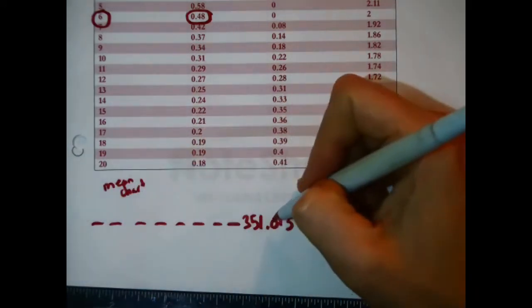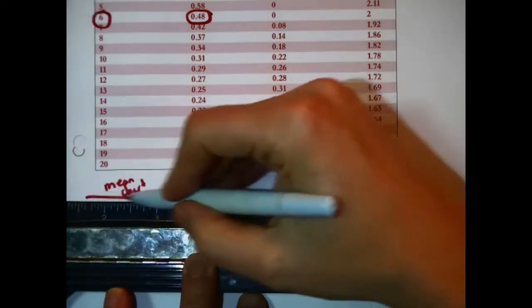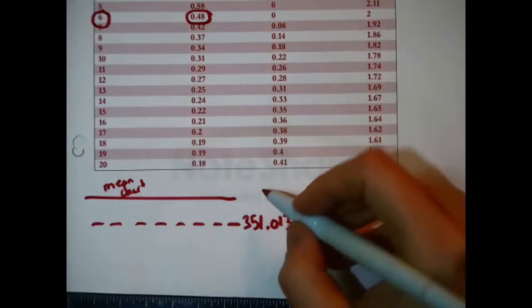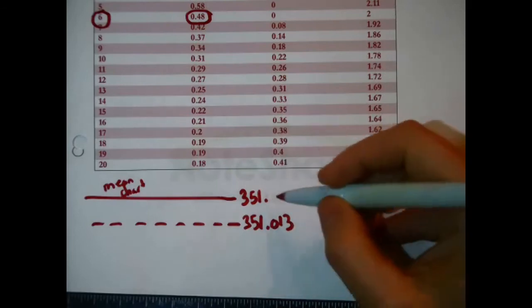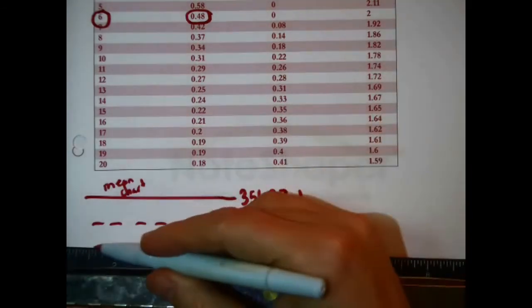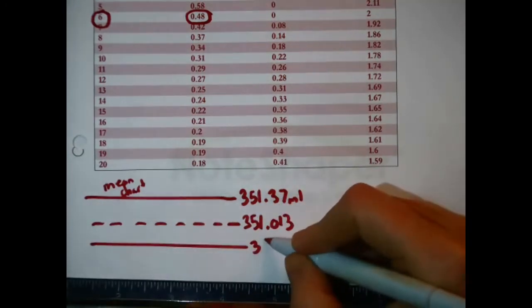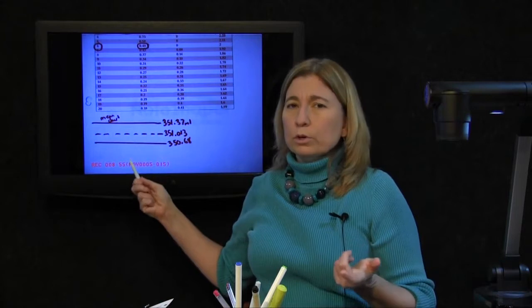And ideally this would be like graph paper so that you could draw to scale. But basically there would be an upper limit, and that upper limit we have just determined should be placed at 351.37 milliliters, and then a lower limit, this is to plot future samples, that should be set at 350.68. So there we have a portrait of what the actual mean chart would look like.